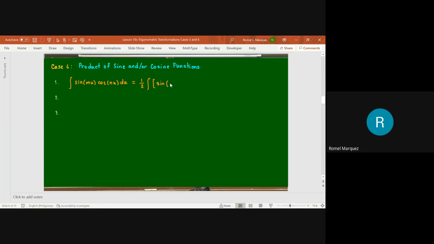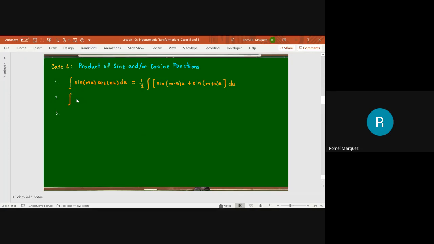So that is sine of m minus n u plus sine of m plus n times u. The whole thing is the argument. Same thing here. Then everything multiplied by du. So that's the first formula.